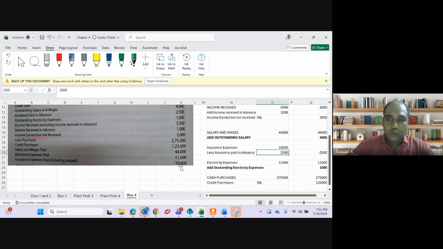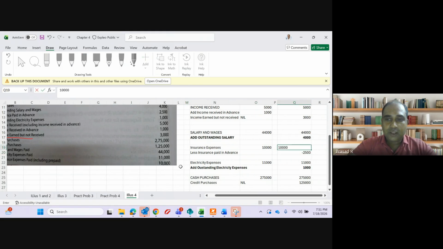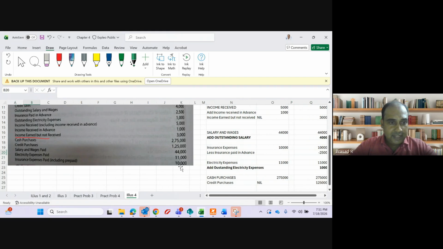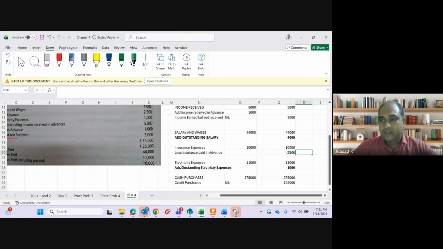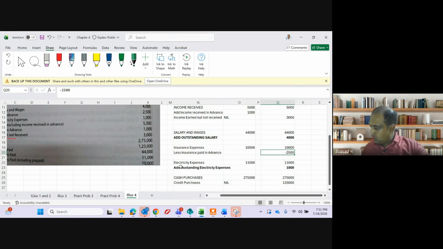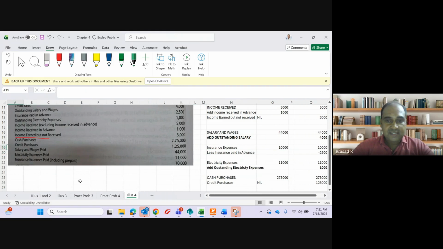Now this 2,500, is it already included or excluded? Including prepaid it is given, so I will not include it again. So here also it will come 10,000. And I have to exclude prepaid, whatever is 2,500, I have to exclude my prepaid expenses.